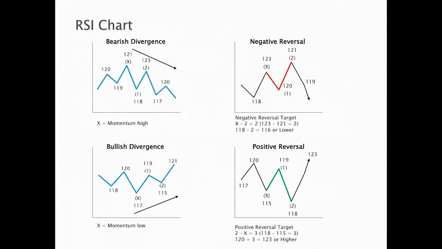Now, the beauty of these patterns is whether it's a positive or negative, once you set that target, if it's a sell on a negative, then it's going to set a target on the downside. And when it closes below it, it confirms the trend change and says, now you're in a downtrend.